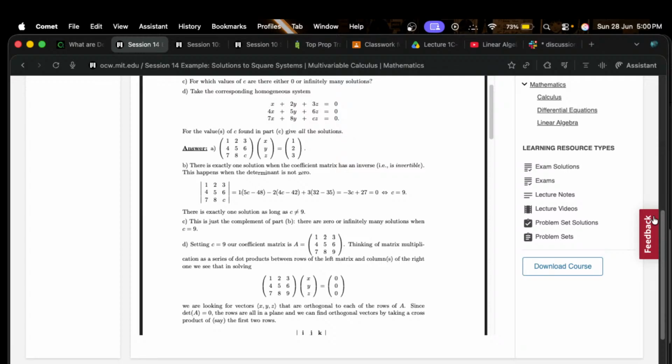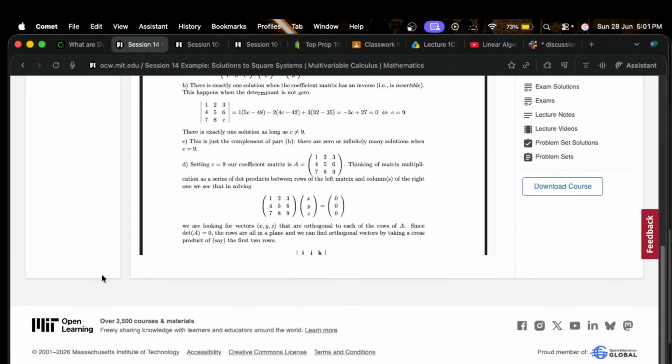So if it is the homogeneous solution, we are looking for vectors xyz that are orthogonal to each of the rows of A. Since the determinant of A equals 0, the rows are all in a plane, and we can find orthogonal vectors by taking the cross product of the first two rows.